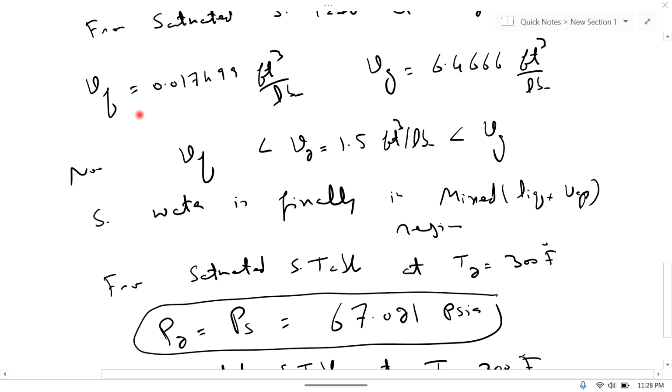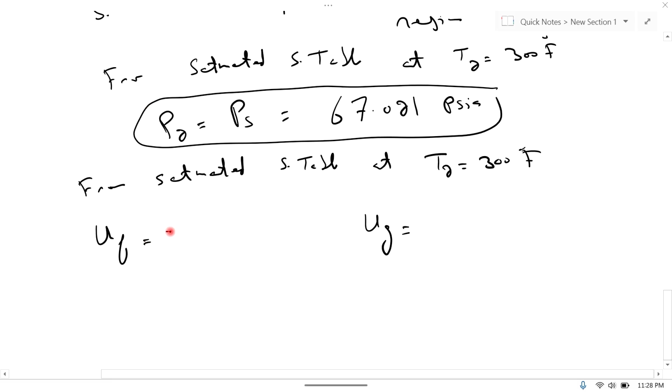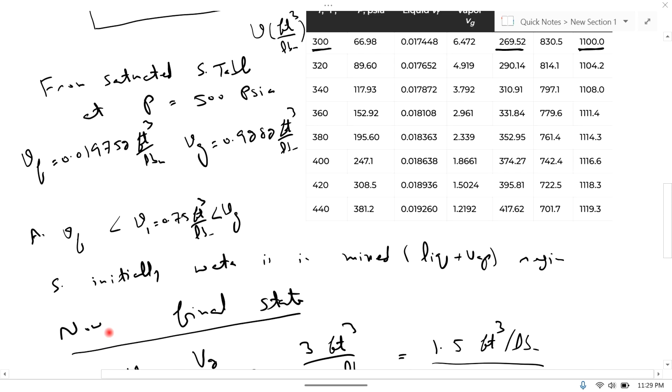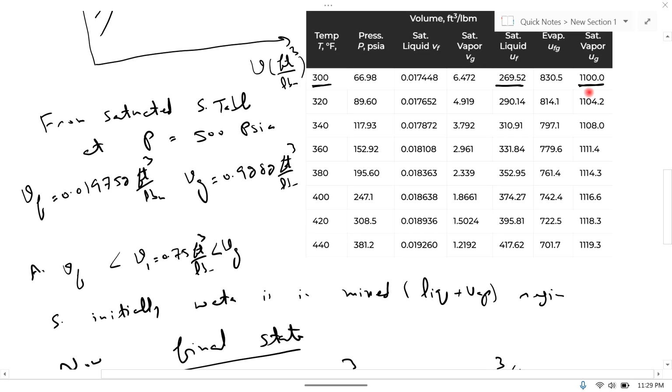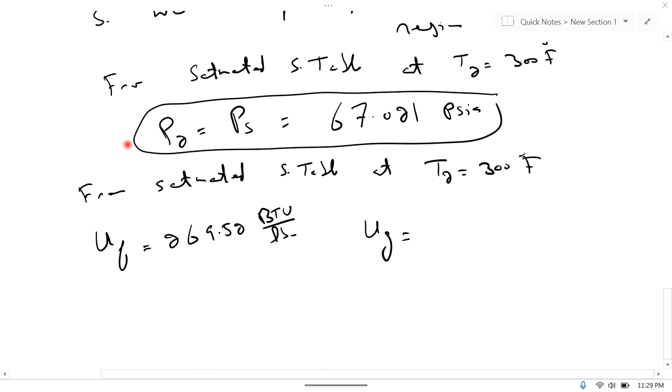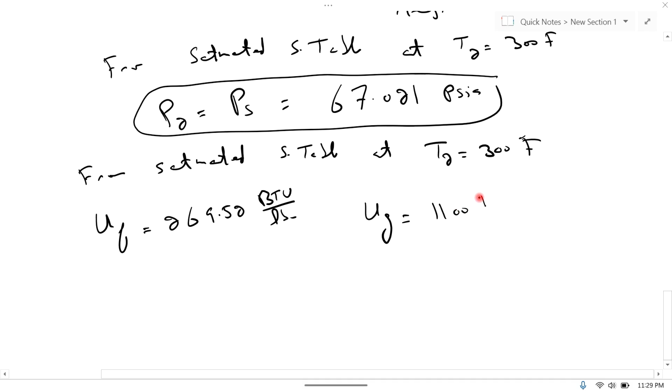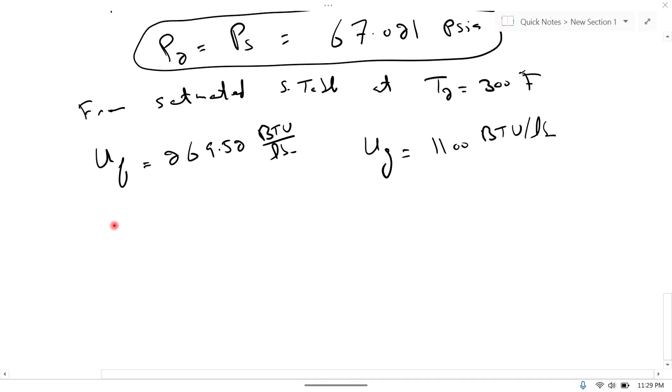Uf is 269.52 BTU per pound mass, and Ug is 1100 BTU per pound mass.